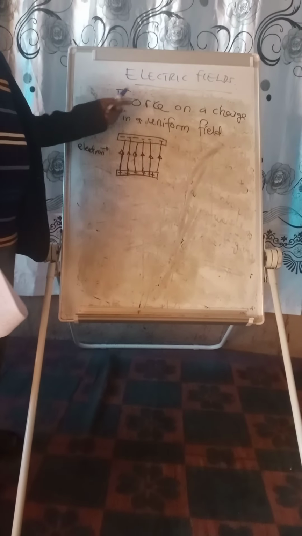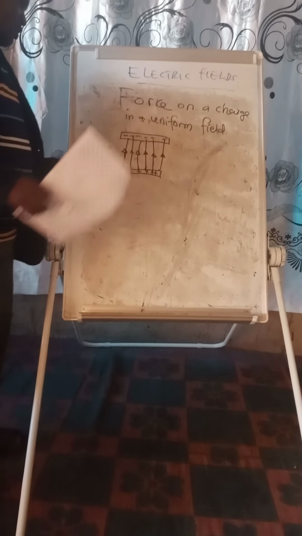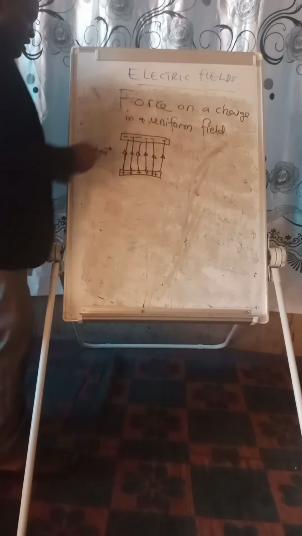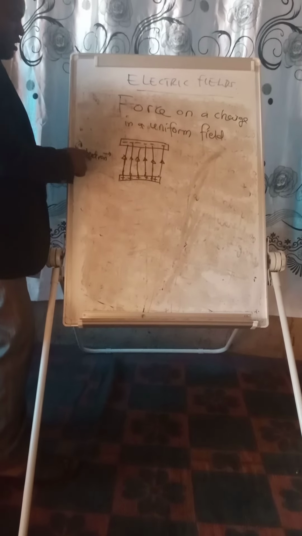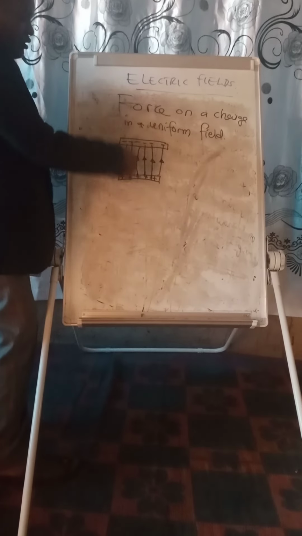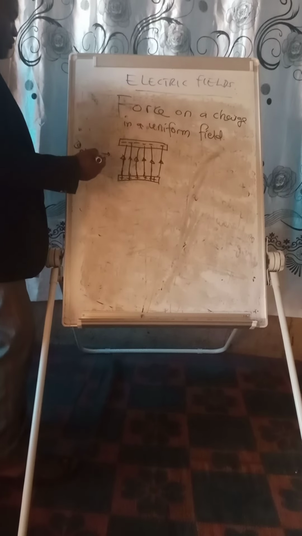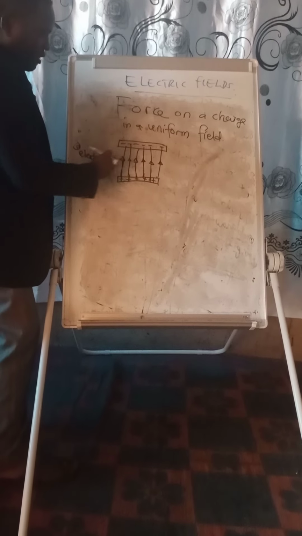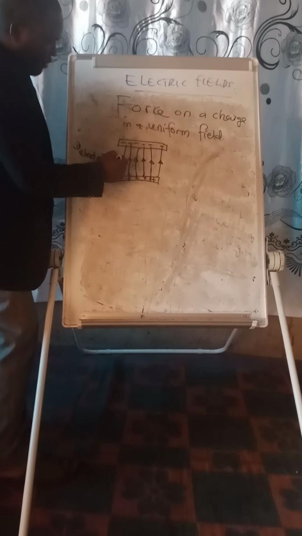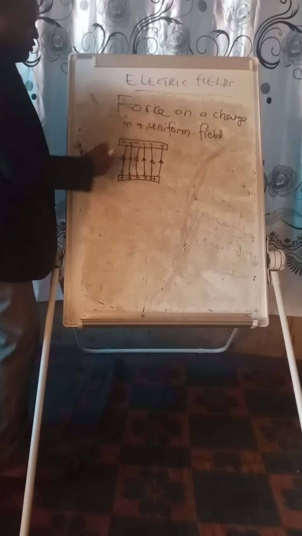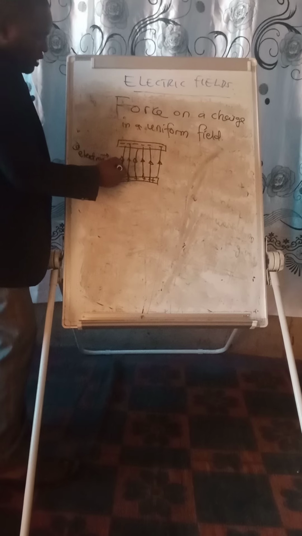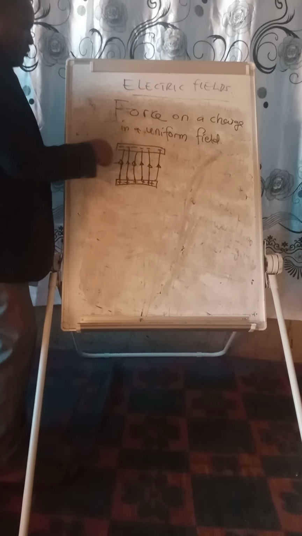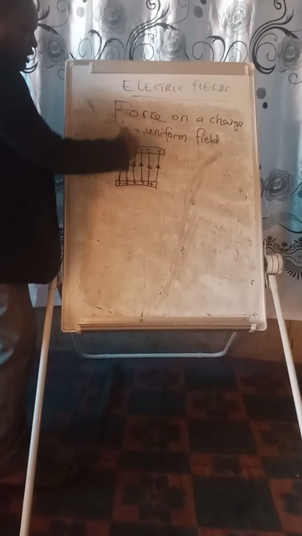So let us see a force on a charge in a uniform field. So this is a uniform field, and here is our electron, a charge, entering a space of a uniform field. So if this charge enters here, because this plate is negatively charged and our electron is also a negative charge, there is a repulsion.